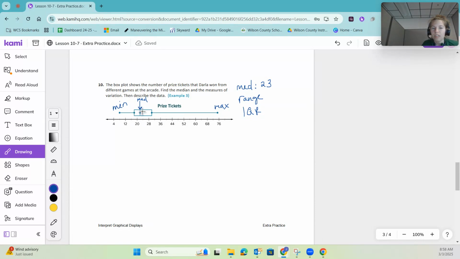Now, this point here is the median of the lower set of data. Remember earlier we found the median of the lower and the upper set of data in order to find that interquartile range. This right here is that median. So that's between 16 and 20, so we're at 18.